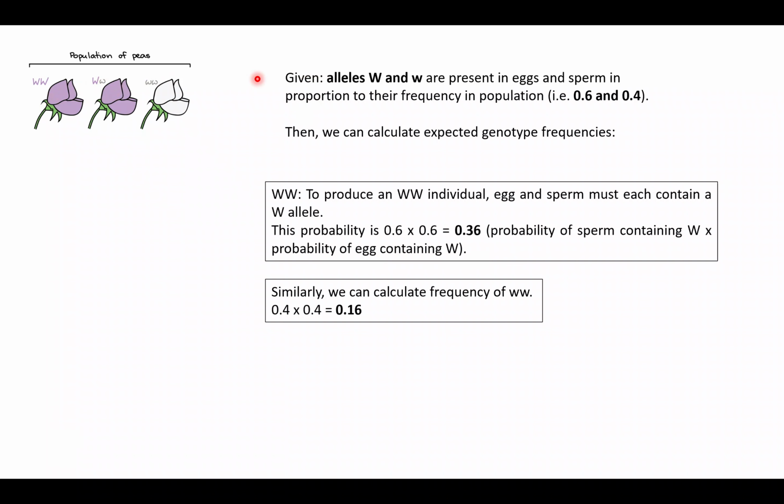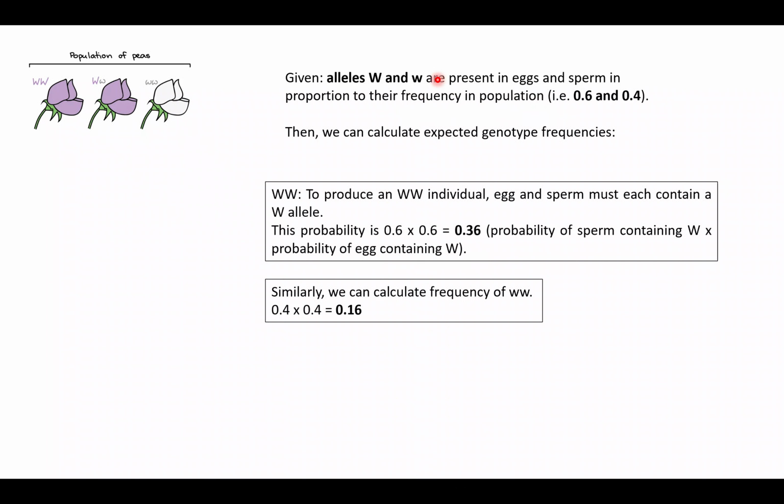So we saw capital W, small w, and we found out the frequency. Let's say it is given that, in simple words, allele capital W and small w are present in egg and sperm in proportion to their frequency in the population.